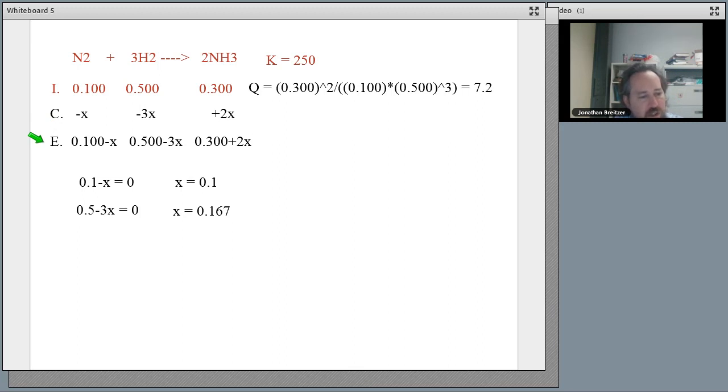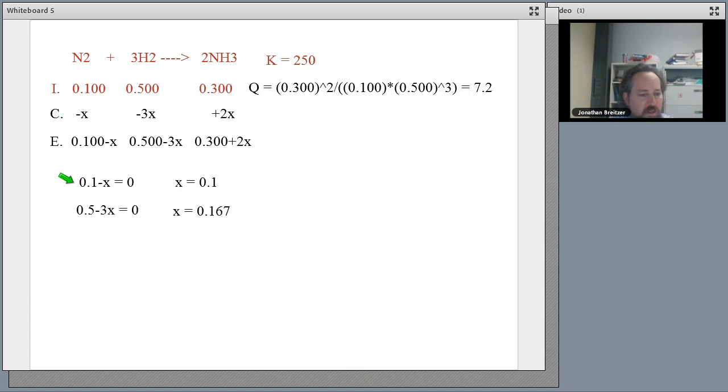Now, before I use Excel to try to mathematically solve this thing, let's explore a little bit what the limits of x are. I know that x has to be positive. I set up x to be a positive number because I chose which side to be positive and which side to be negative based on which way I knew the reaction was going to go. But there's a maximum value that x can have.